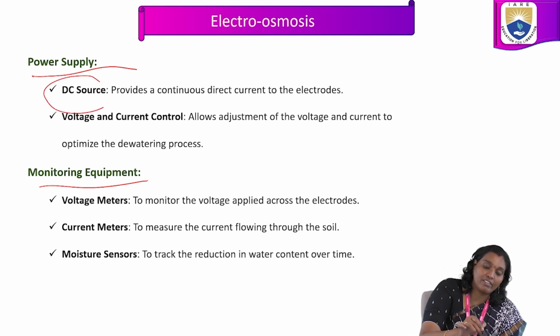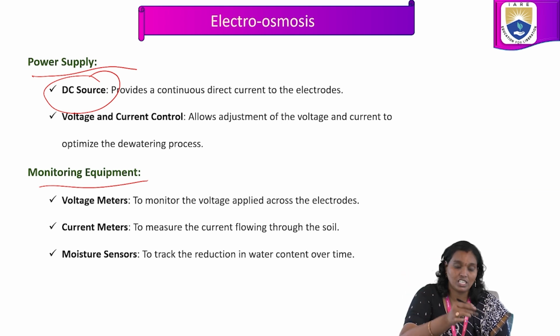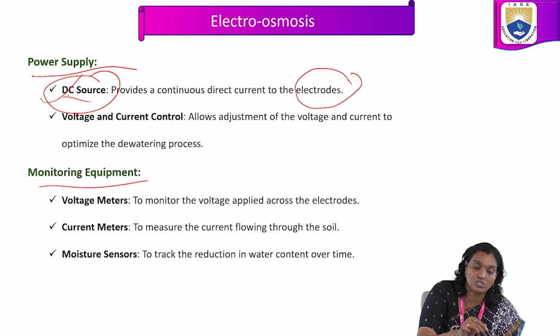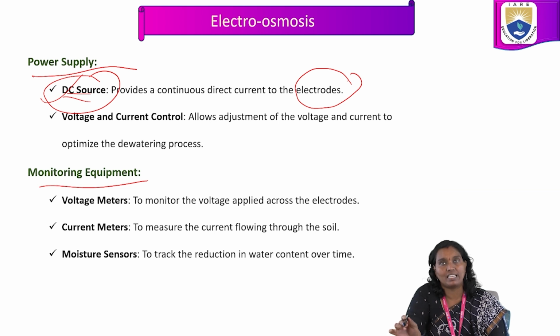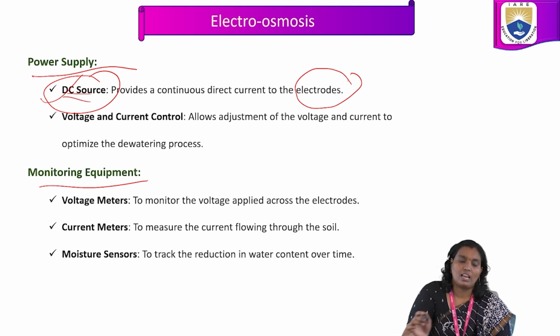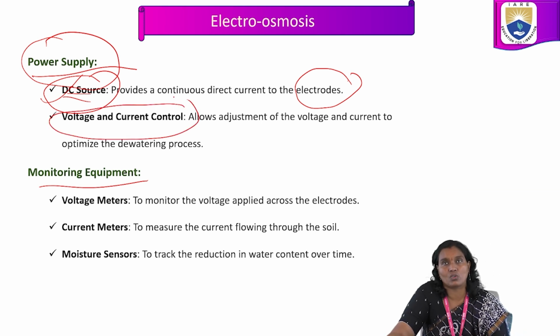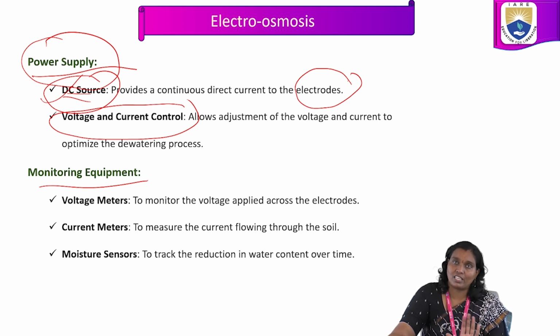We already discussed the movement from direct current, that is DC, which provides a continuous direct current to the electrodes. In the power supply component, one more thing we are going to observe is voltage and current control. This control is a must, to avoid any kind of fluctuations.